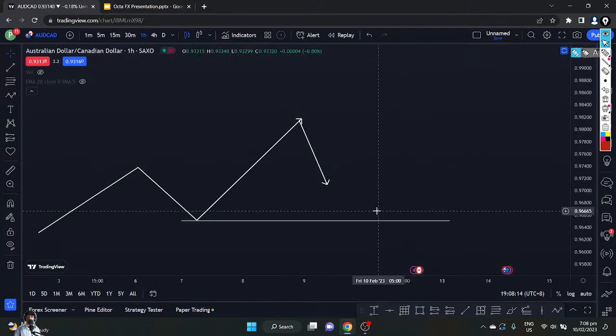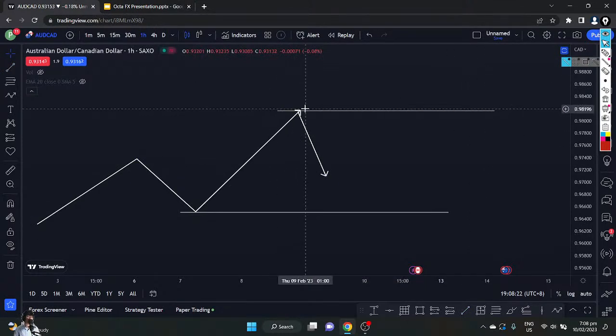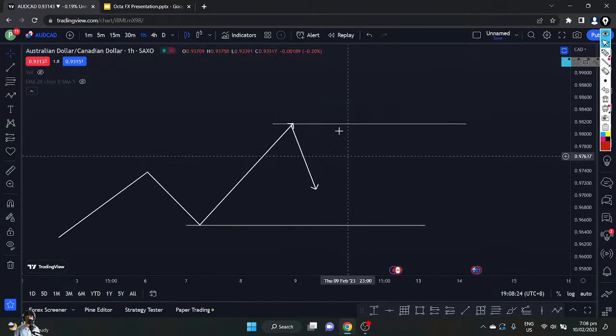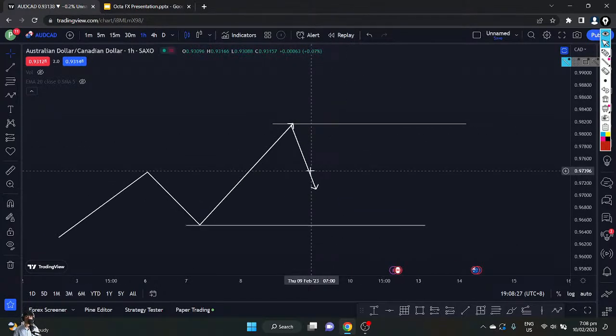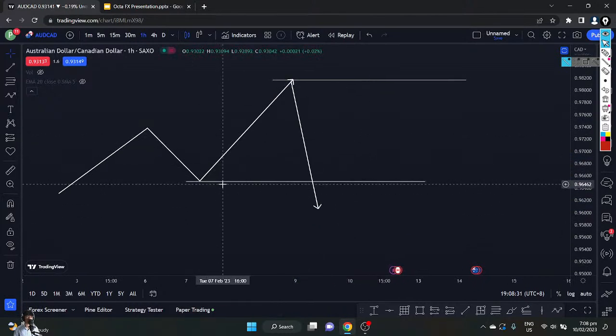So as long as the price is above this previous low, and at the same time the price is below our previous high, then this is still considered an uptrend. But if the price breaks this previous low, then the uptrend is losing its steam and we shouldn't look for a buying opportunity anymore.